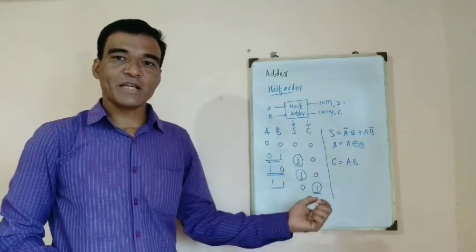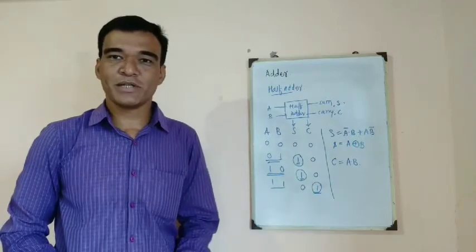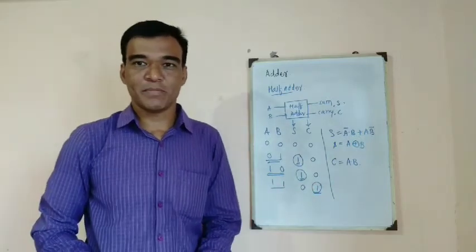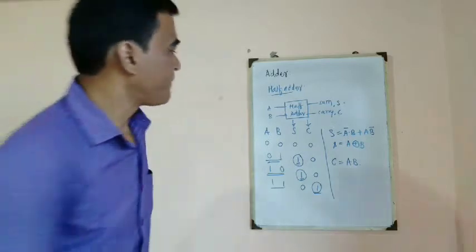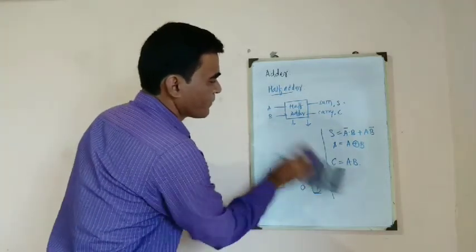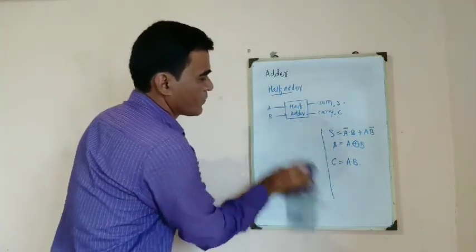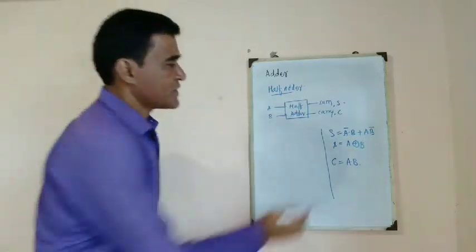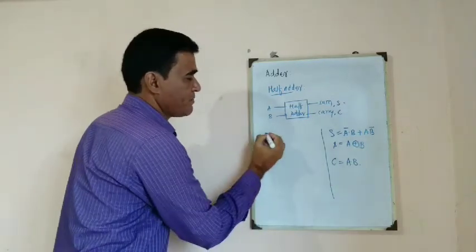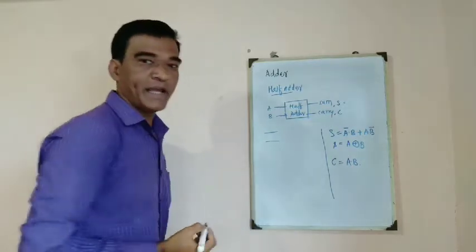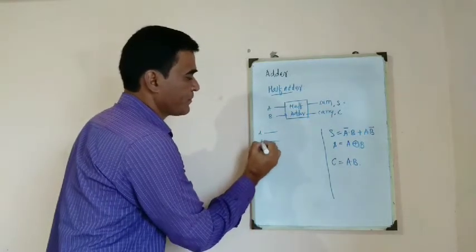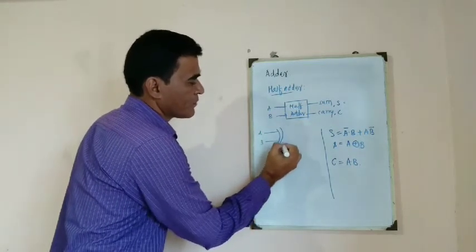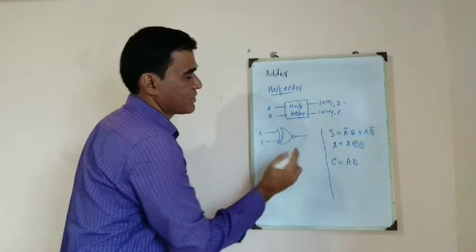Now as I know these expressions, I can represent them by using the gates. Let us see this representation. First we will represent the sum. We have two inputs A and B. Now it's an XOR operation.